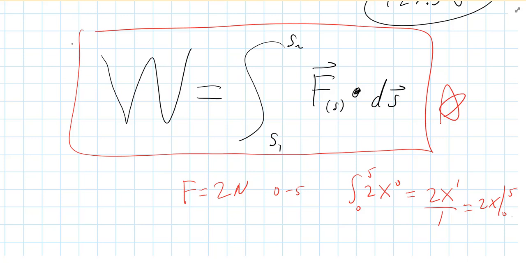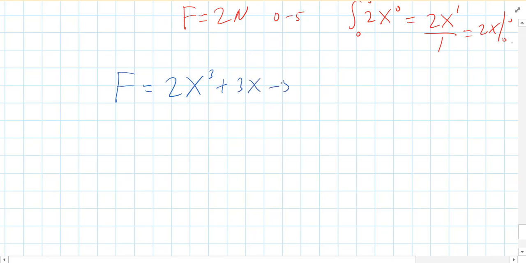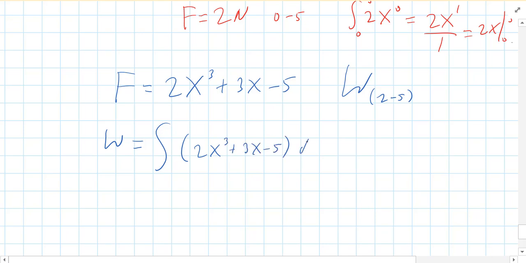Now, I've got another example to walk through with you to get a little practice. Let's say I give you some crazy force, and that force is 2x cubed plus 3x minus 5. I want to find the work done by that force from 2 to 5 meters. So we're going to use our most general definition of work and integrate 2x cubed plus 3x minus 5 dx, evaluated from 2 to 5.